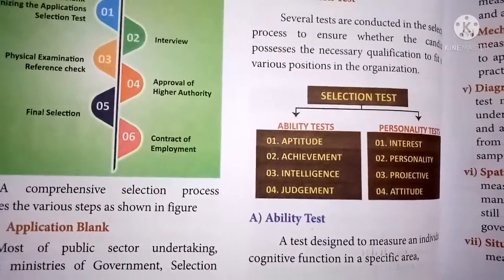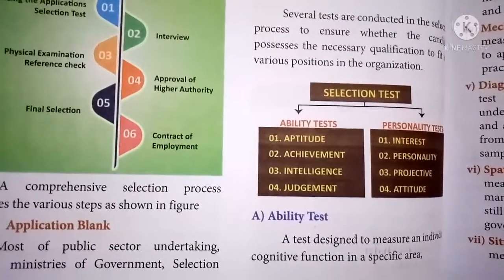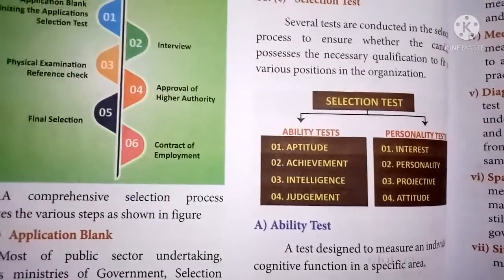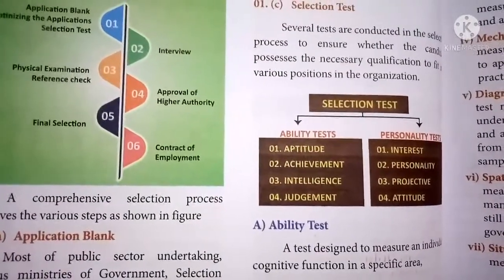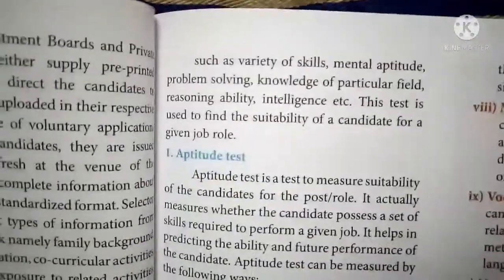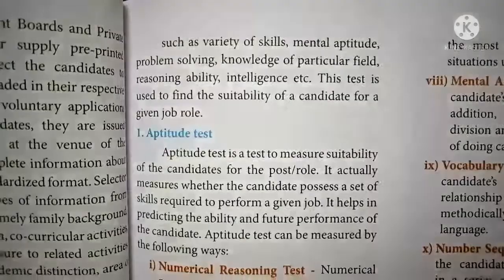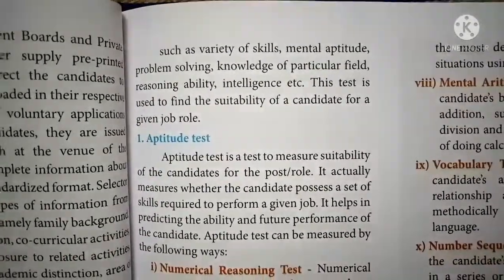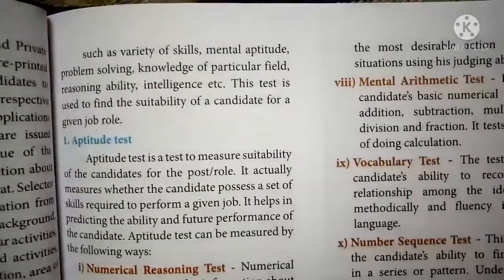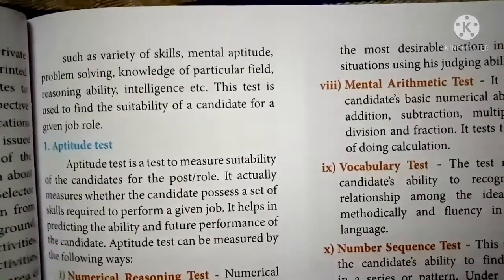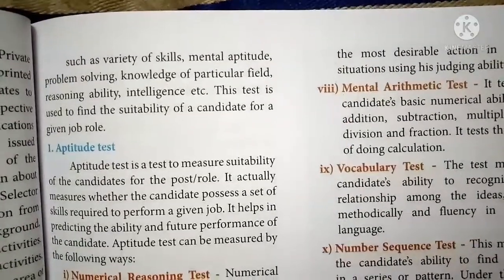So in a specific area, how the candidate will be qualified should be identified by way of an ability test. That is a variety of skills, mental aptitude, problem solving, knowledge of a particular field, and reasoning ability, etc. that we should assess. That is the aptitude test.